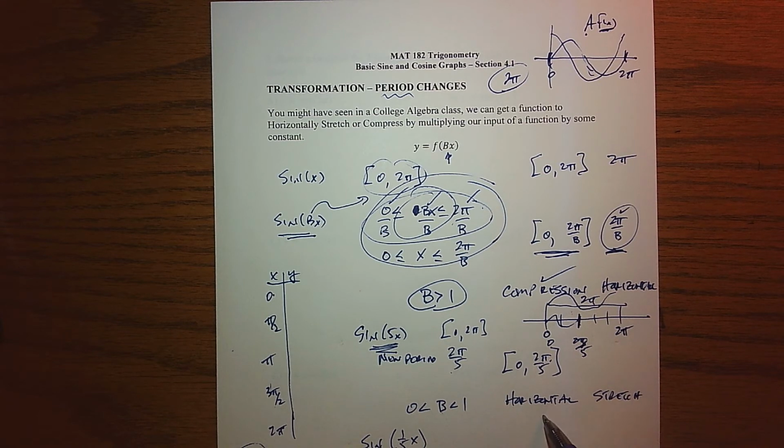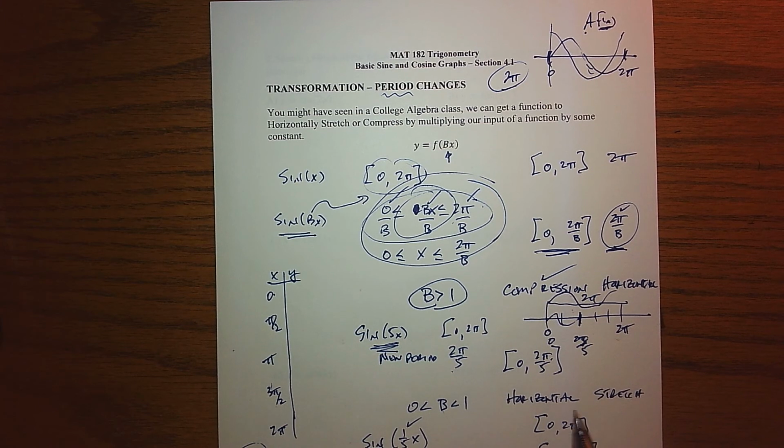So my normal period is from 0 to 2 pi, but by multiplying by 1/5, my new period is from 0 to 10 pi, which is huge. So we're going from 2 pi, then 4 pi, 6 pi, 8 pi, and 10 pi. Sine does that in a normal cycle, but in this cycle, where's the halfway point? 5 pi. So we've taken this sine graph and stretched it out.